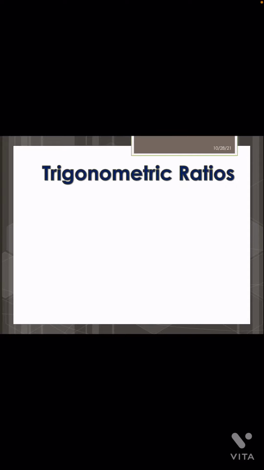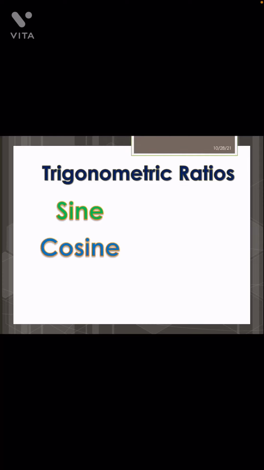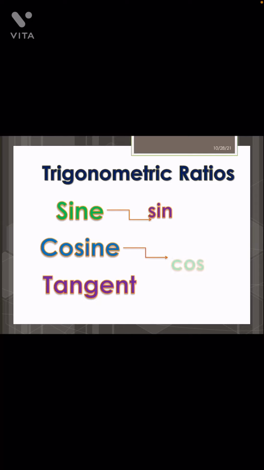Let's start with trigonometric ratios. There are three basic functions in trigonometry, each of which is one side of a right angle triangle divided by another. The three functions are sine, cosine and tangent, and their abbreviations are sin, cos and tan.